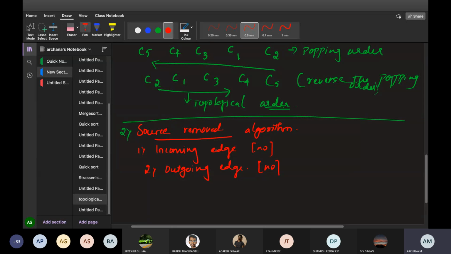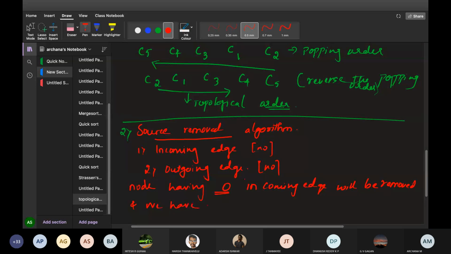After seeing the incoming and outgoing edges, the node which is having zero incoming edges will be removed, and we have to write the new graph every time.